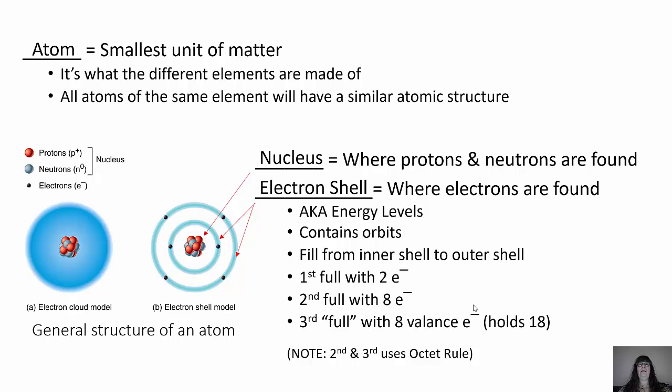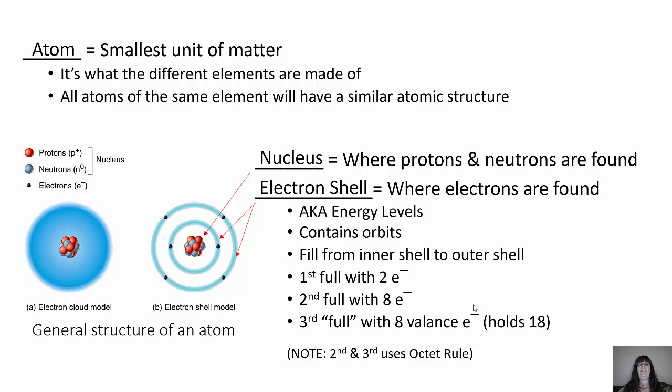So on that picture, the protons are reddish, the neutrons are bluish, and then the electrons are those black dots that are orbiting the nucleus. Now, the electron shells are also called energy levels. They contain orbits, but we don't really care about the orbits so much. That would be for an actual chemistry class.